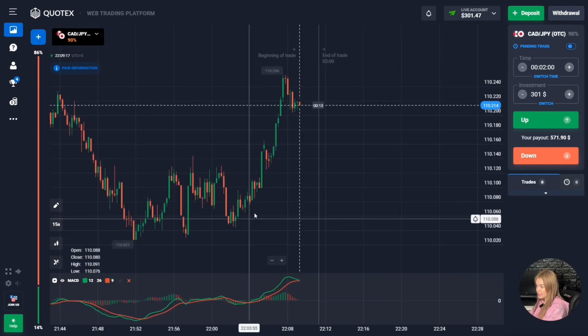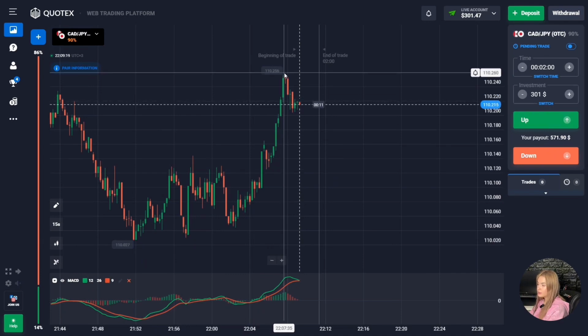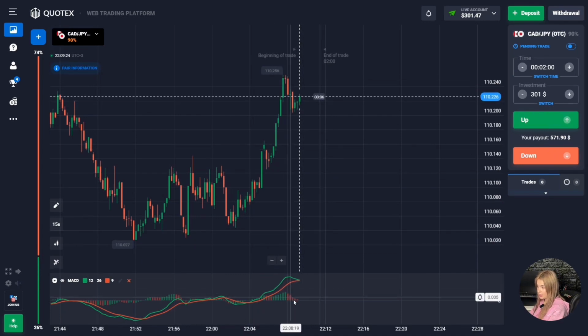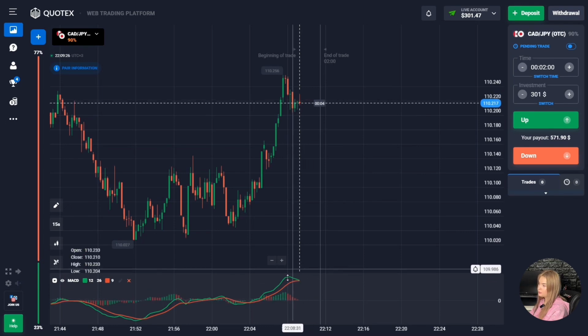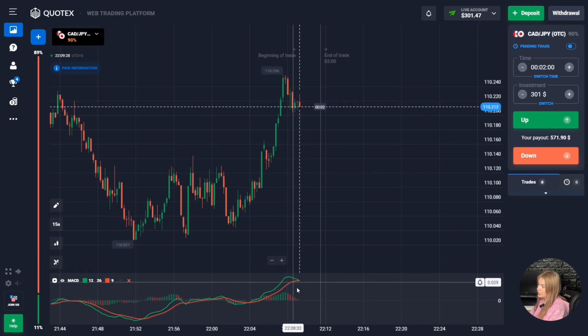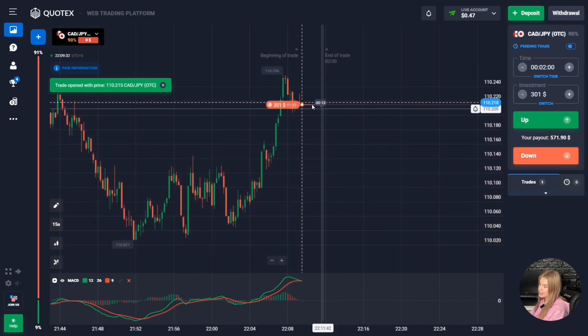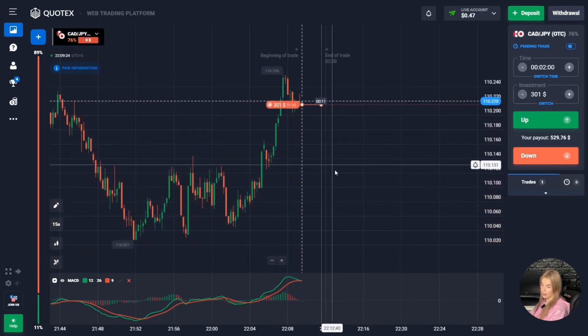So guys, as you can see here, the price showed an increase, but at the moment it's starting to move down. At the same time, a red histogram is formed and the moving averages are connected. In such a situation, I suggest opening a deal to go down, as I assume that the price will move down.